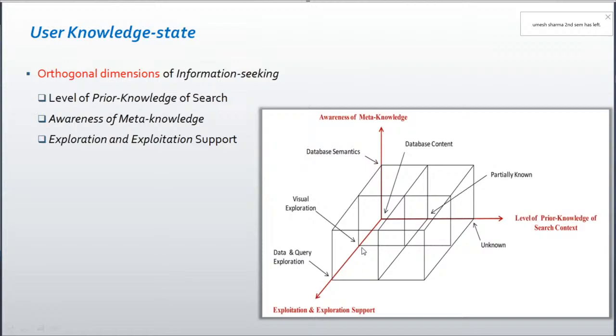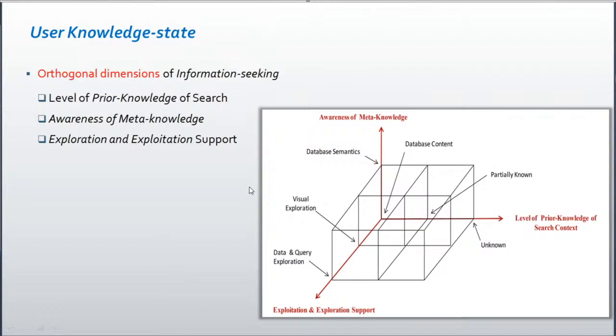So these are the three levels of support for these two behaviors from the system side. And there are two levels of user awareness on semantics. And here we have 2 or 3 levels of the user's knowledge about the prior search, right? So these dimensions are important to understand the user's current state, and the capability of your search system on these two behaviors, right?